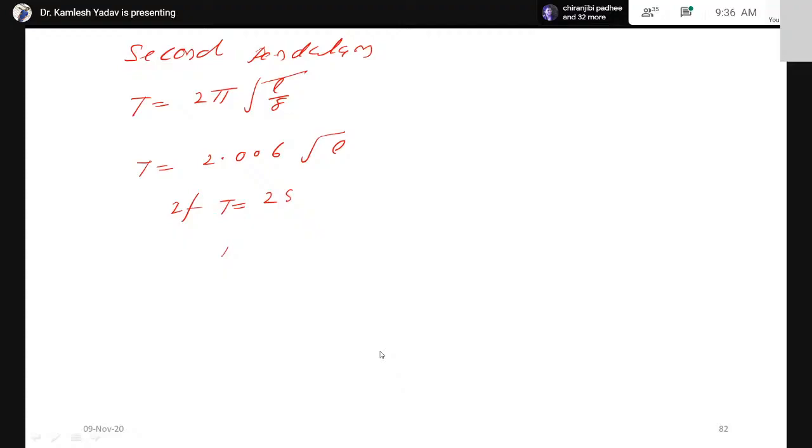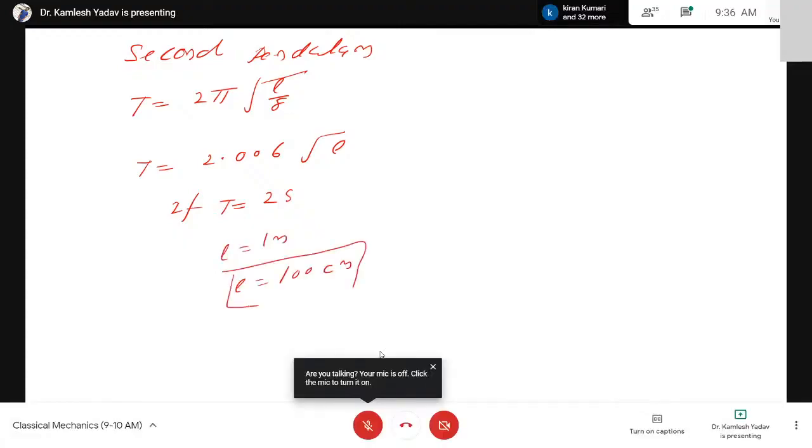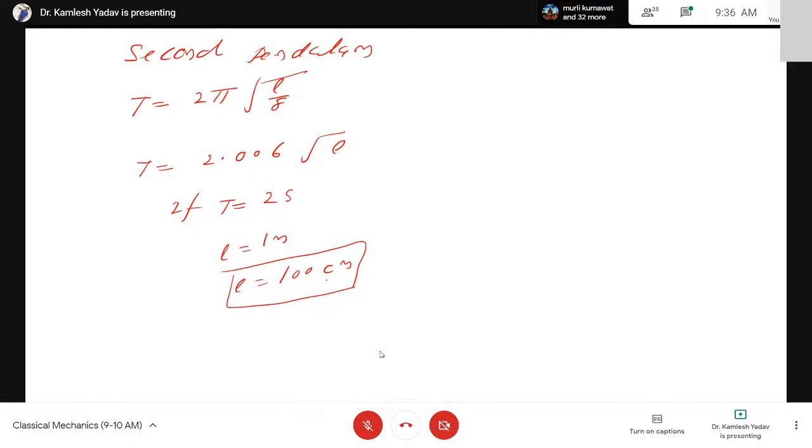Suppose we consider a pendulum having string length 100 centimeter, in that case the time period of oscillation will be equal to 2 seconds. Then this is known as second pendulum, whose time period is equal to 2 seconds. Second pendulum is that pendulum where the time period is equal to 2 seconds.